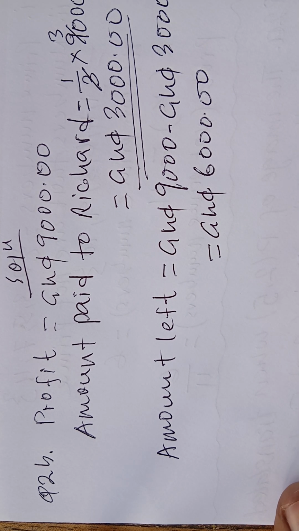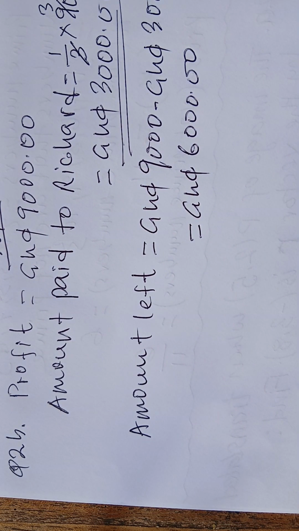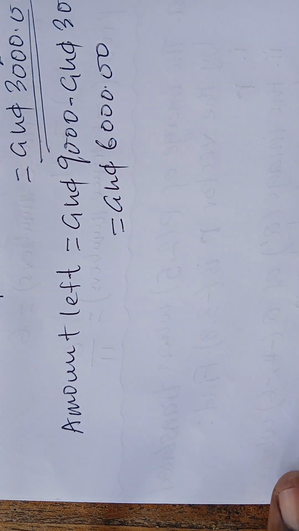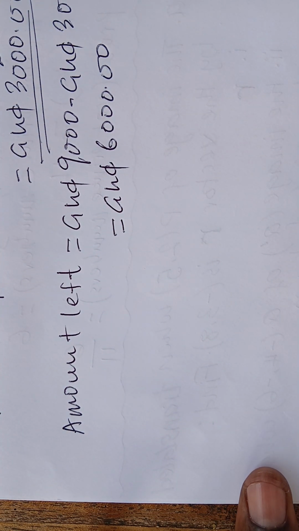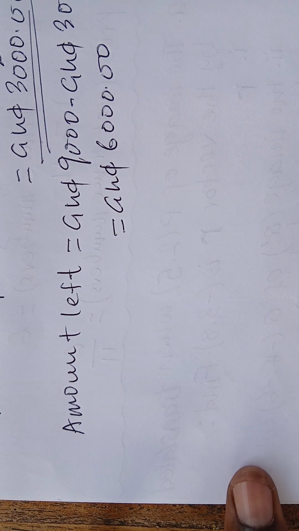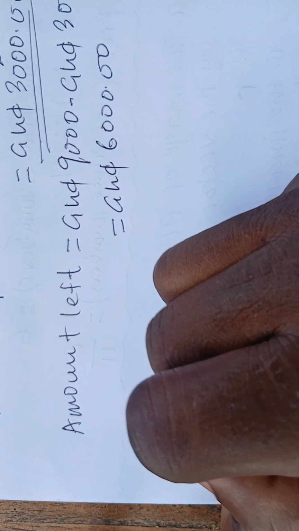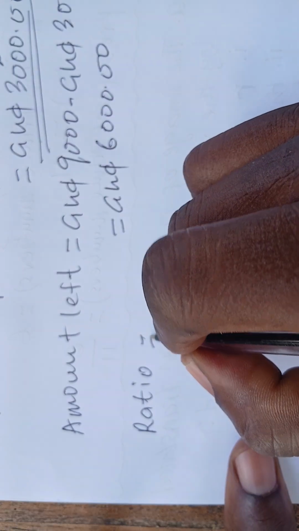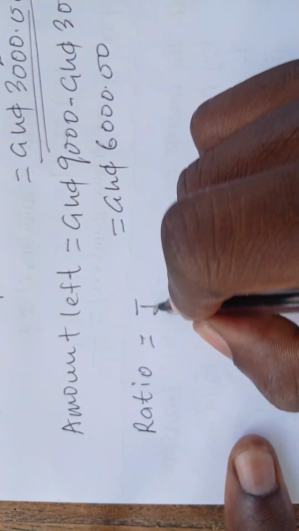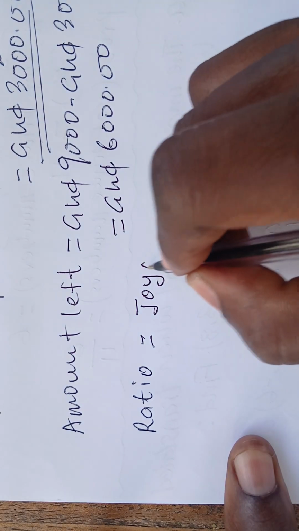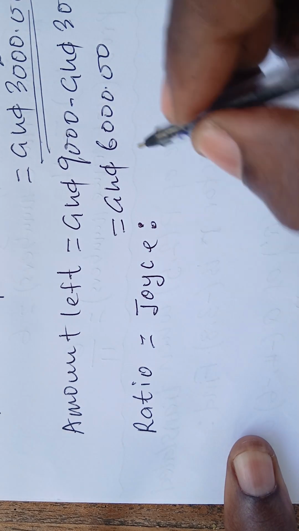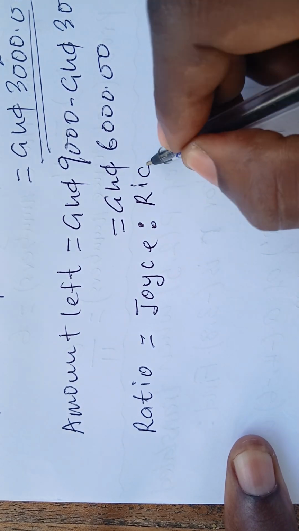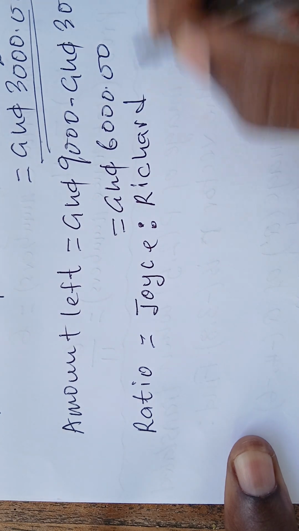Good. So now they said this amount was shared in the ratio of their contribution. So ratio is equal to Joyce is to Richard.